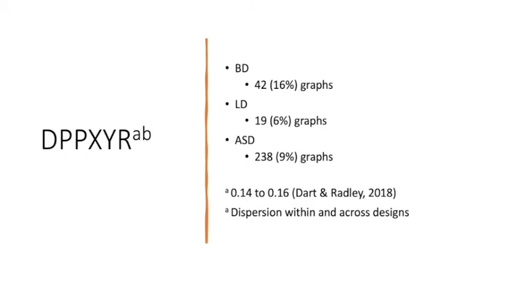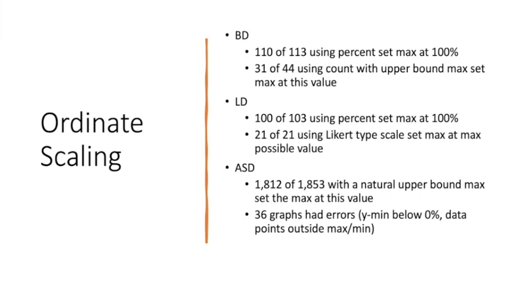From the Radley et al. study, they found that if graphs were less than 0.14, that's when type 1 error rates would increase. So in the multiple baseline design graphs, there may be issues with graph construction impacting an increase in type 1 error rates of visual analysis. For ordinate scaling, results were a lot more favorable. Very few studies were truncating the ordinate, which would reduce the likelihood of type 1 errors impacting the visual analysis process.